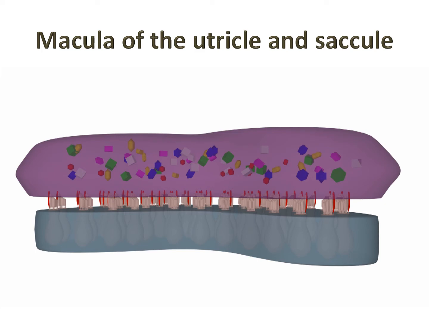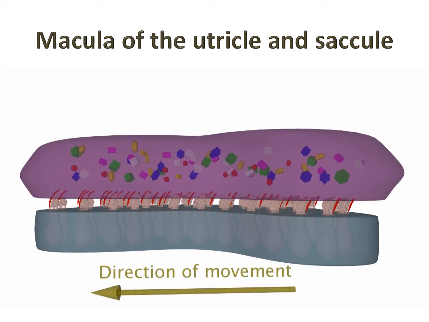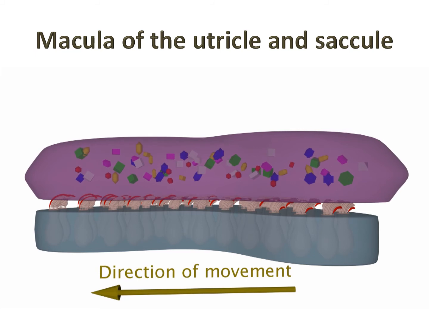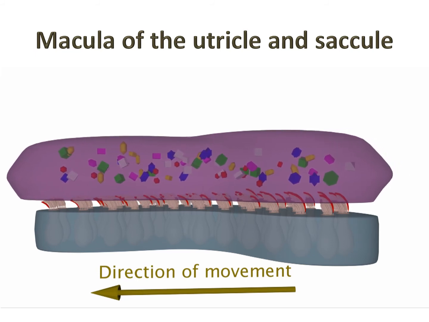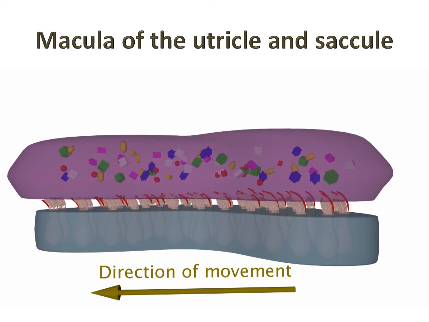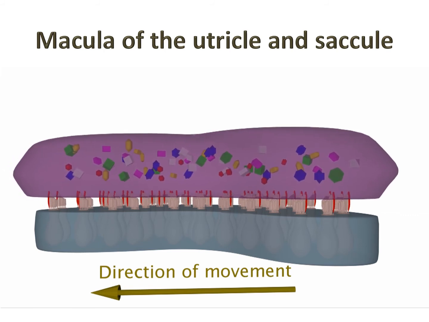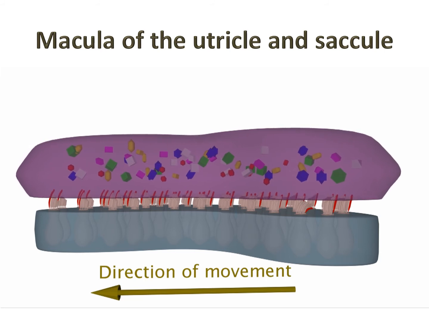As a consequence of this phenomenon, the stereocilia and kinocilium initially bend in the direction opposite to the initial movement, then the mass catches up and they straighten during the duration of the movement, and when the movement stops, this must bend the stereocilia and kinocilium in the direction of the movement.